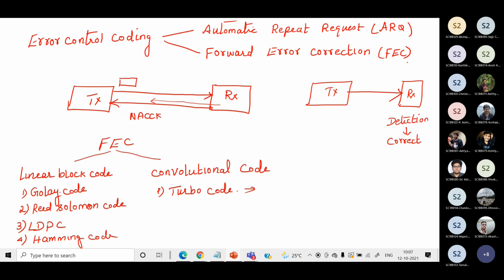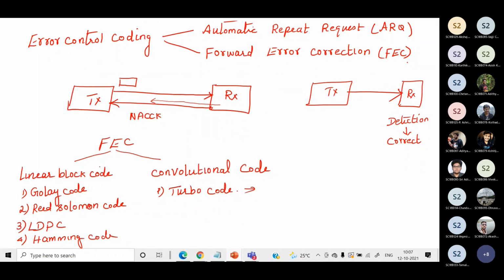Here we won't go into how to design the Golay code, LDPC code and so on. Overall we will see the general concept of how we generate the parity bits at the transmitter, and at the receiver, with the help of the parity bits, how we correct the error.